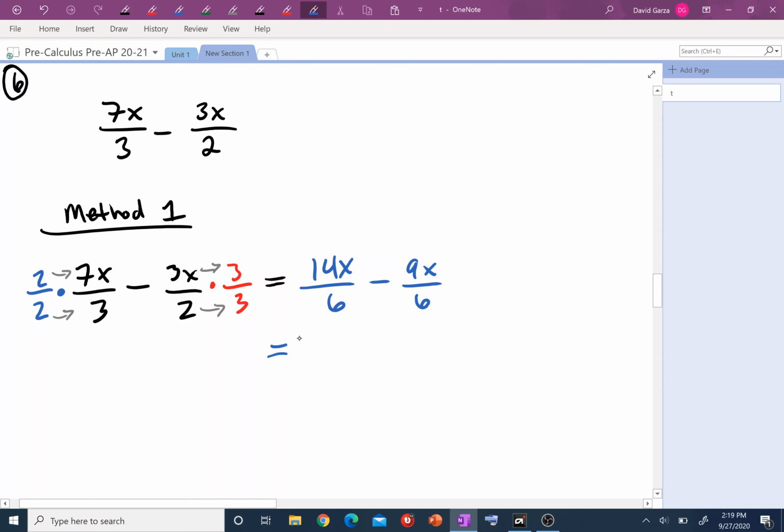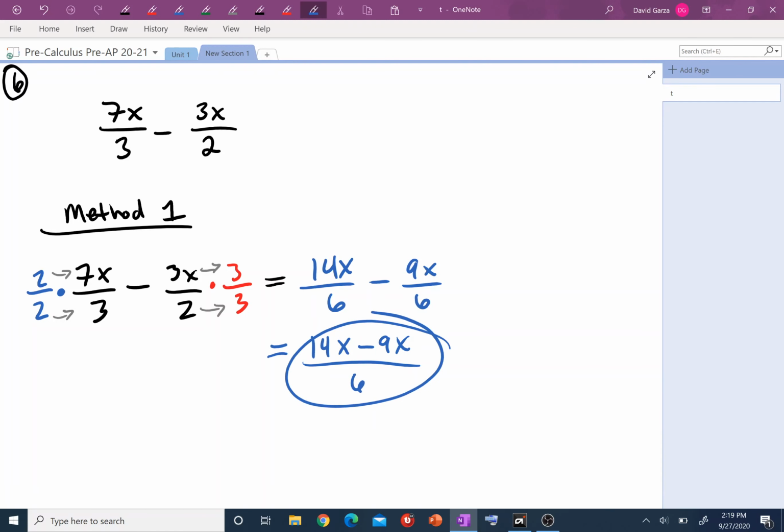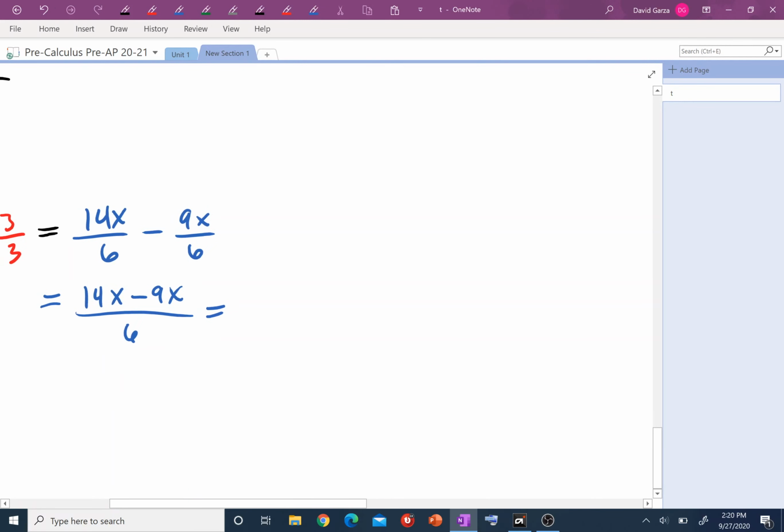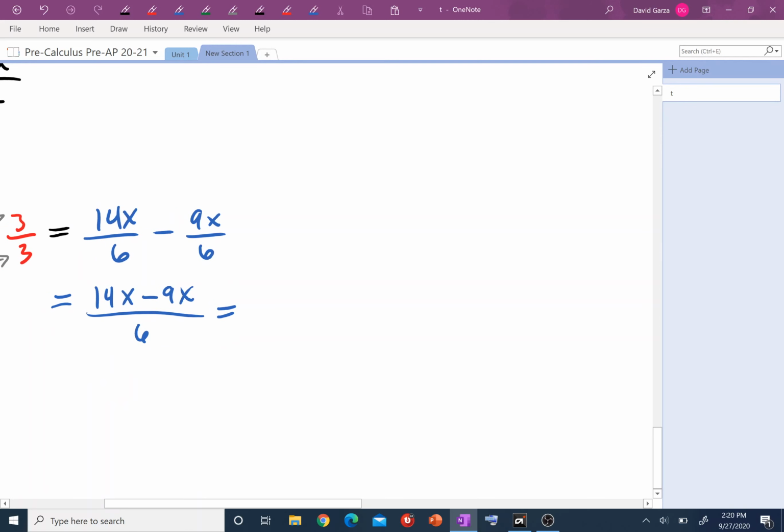So we have 14x minus 9x. Let's rewrite it like this so it looks a little neater. Whenever you write it like this, it means that you're dividing both the 14x and the minus 9x by 6. So 14x minus 9x gives us 5x, and the 6 at the bottom. And that's it. So you're done.